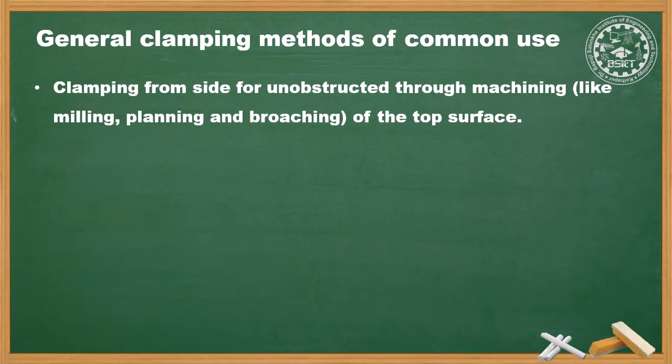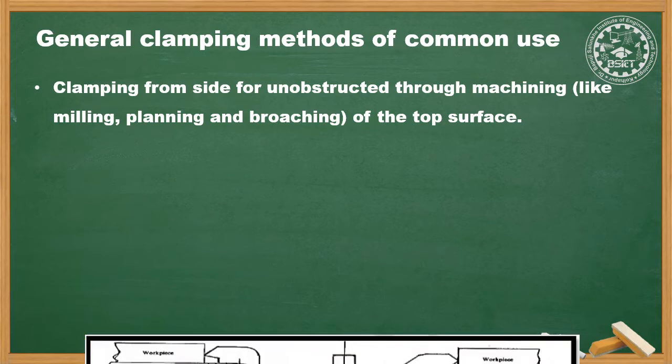clamping for unobstructed through machining like milling, planing and broaching of the top surfaces. Whenever clamping the workpiece for machining the top surfaces, or for milling, planing or broaching, there are different methods. The workpiece needs to be clamped from the side.